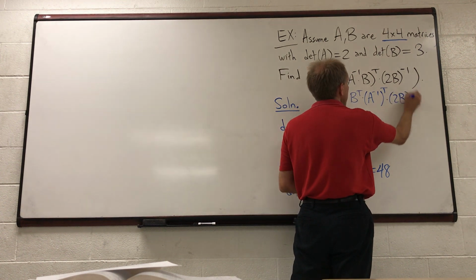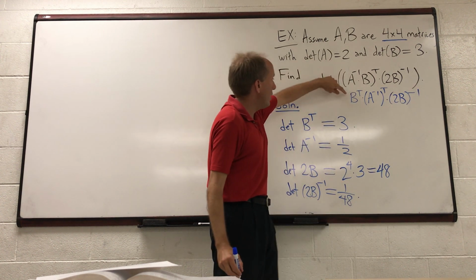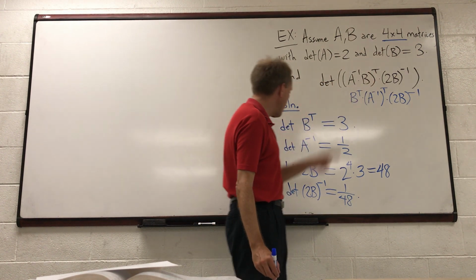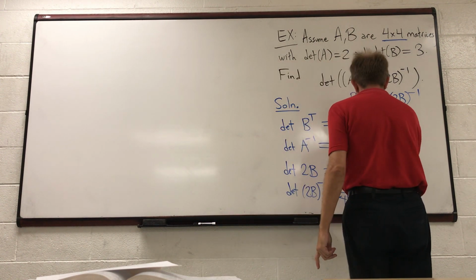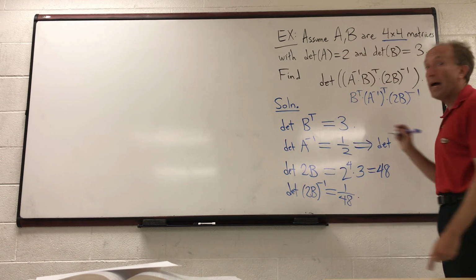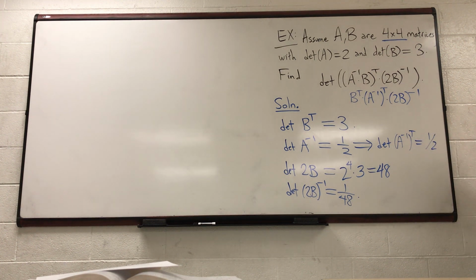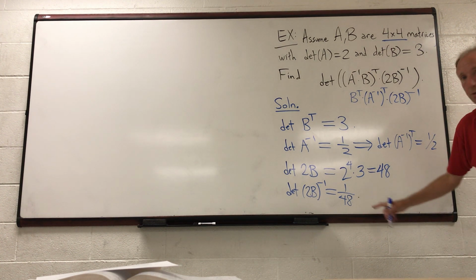This is fine. You can do this. So you need to know the determinant of B transpose, which we do. A inverse transpose, what would that be? Just 1/2. You're just transposing the matrix A inverse, so the determinant doesn't change. And then 2B inverse is 1/48.